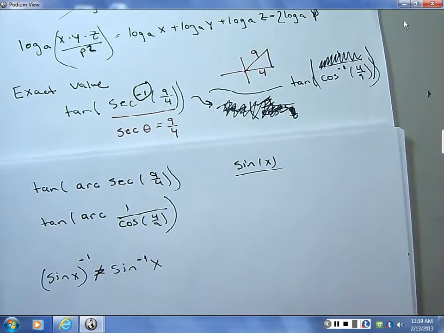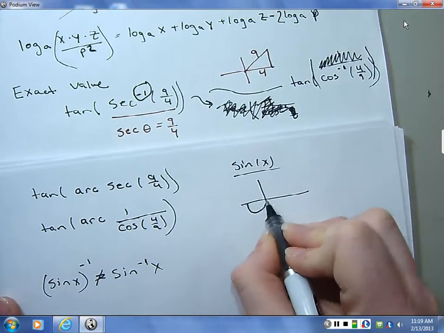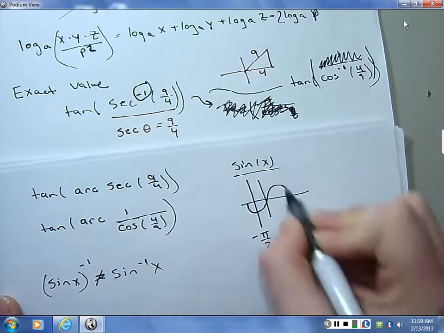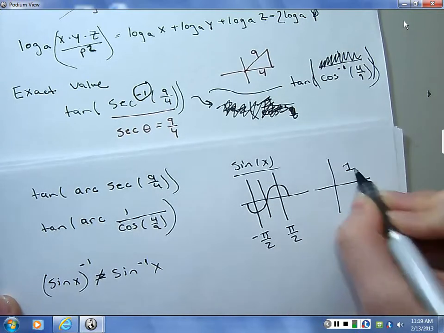Like they're inverse? Okay, so the restriction is on the inverse because I have to limit the domain to be 1 to 1. So if I graph sine, I have this graph, right? I pick the domain to be minus pi over 2 to pi over 2. So the restrictions are going to be in the first and the fourth quadrant.